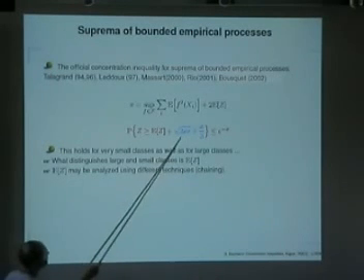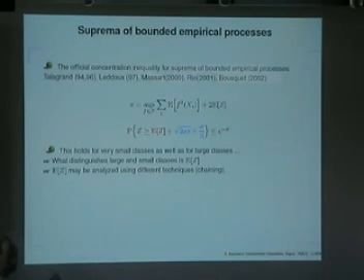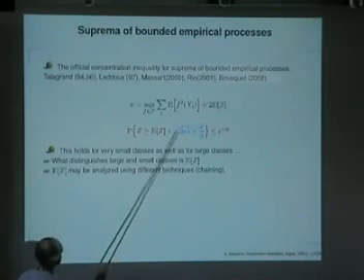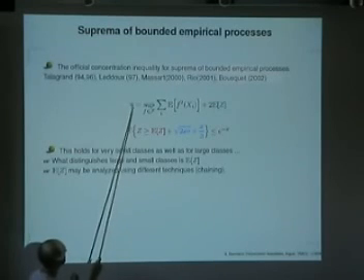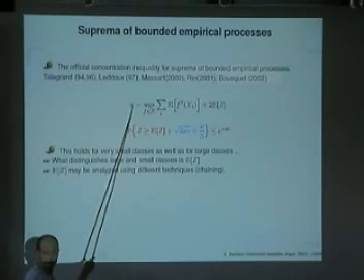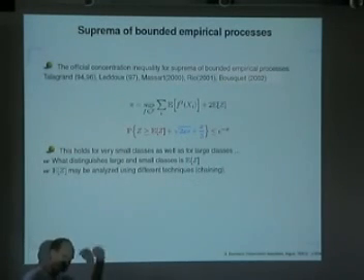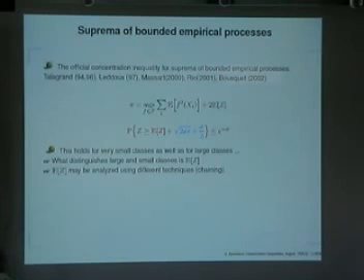So for small a's, you will get something like a Gaussian behavior with a pseudo variance. And for large deviations, you will get exponential tails, which depend more or less on the upper bound you have on the increments, on the maximum value that f of xi is allowed to take.